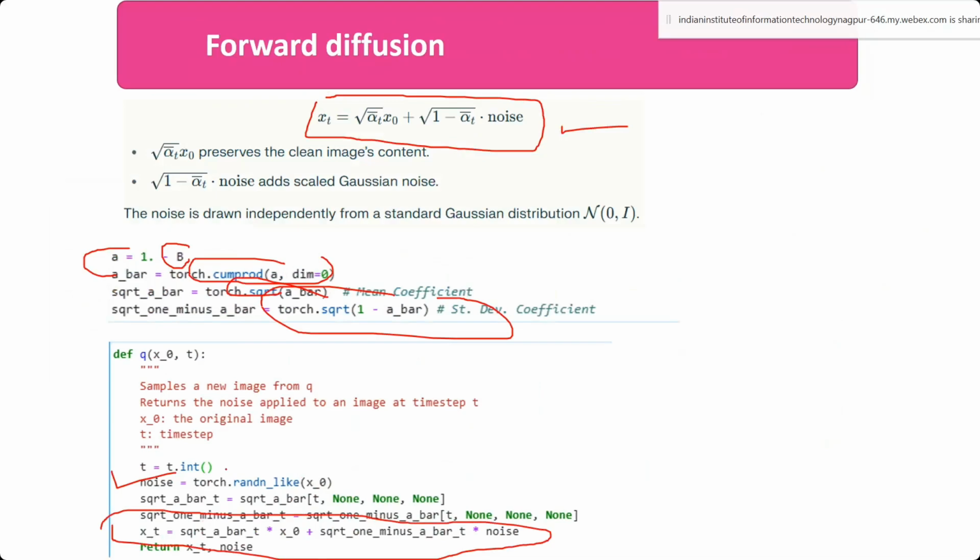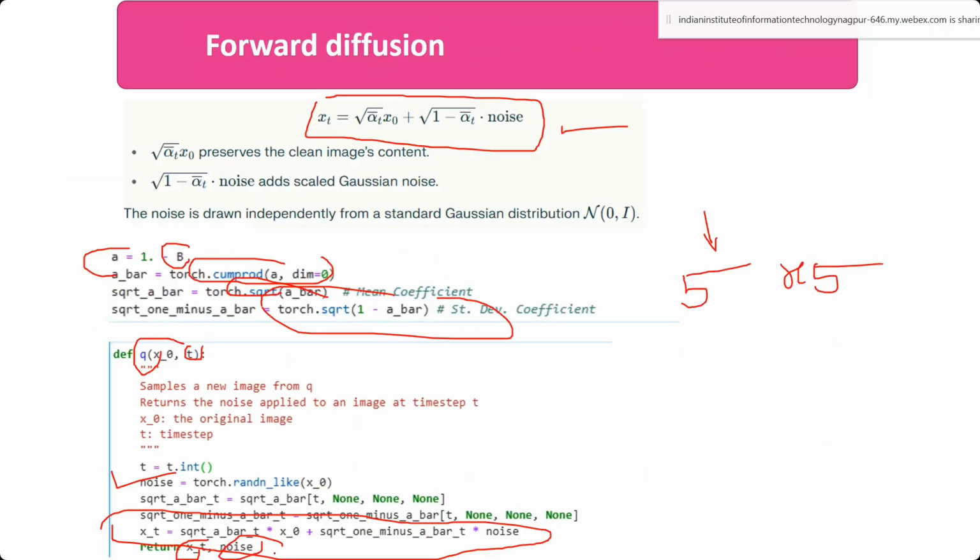So what is the output of your forward diffusion process? You are taking the original image and the time step. And what you are returning from this? You are returning the x5 image and what amount of noise you have added. So at time step 5, what noise I have added and what would be the image after adding that much noise.